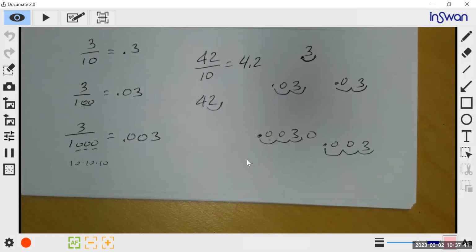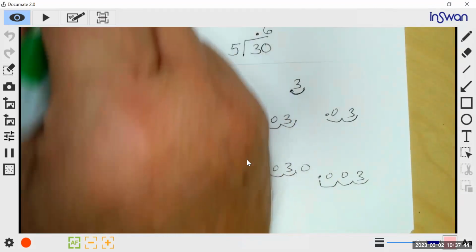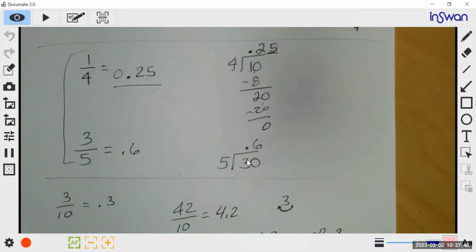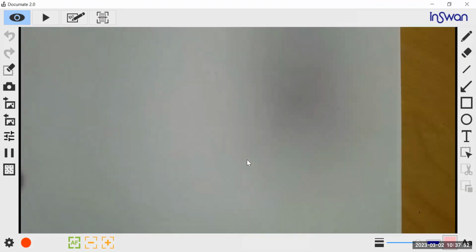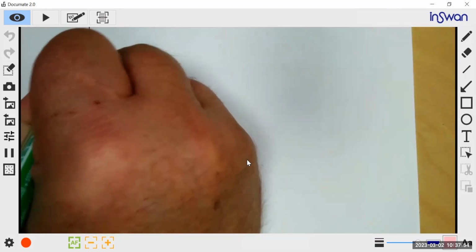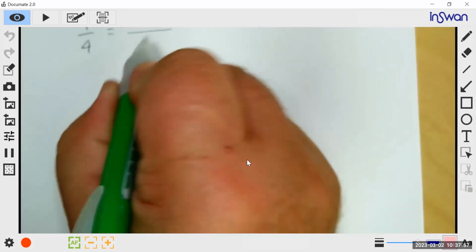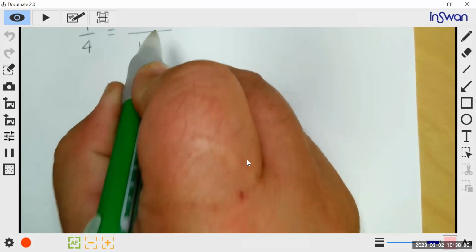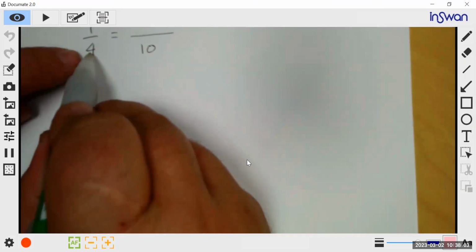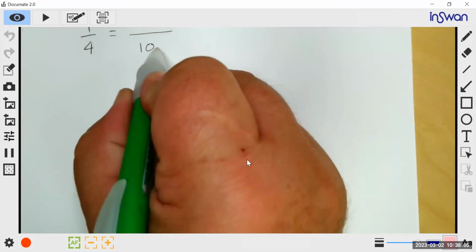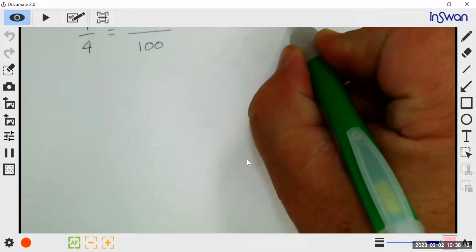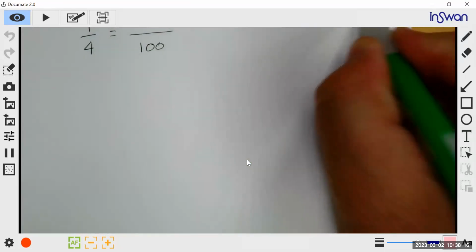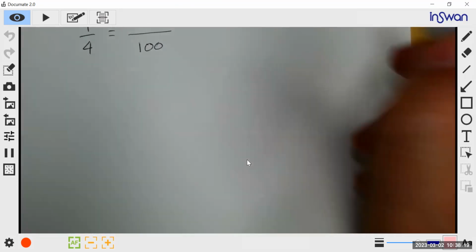Now, why am I getting to this? Let's look at the last 2 examples we did: 1 over 4 and 3 over 5. For 1 over 4, can we get it to either a 10 or a 100? Can we go from 4 to 10, or from 4 to 100? Use your multiplication skills. 4 times what gives us 100? 25.